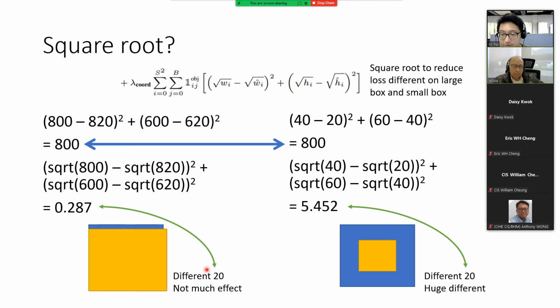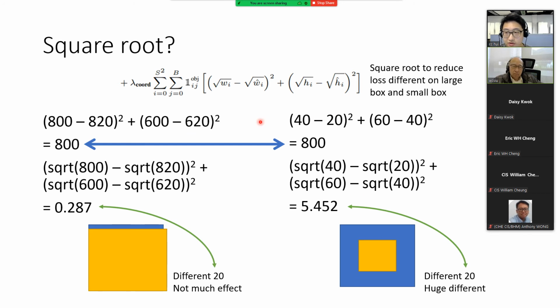Because it's only a 20 difference, and because it's so big, you cannot really tell there is a huge difference. However, if you look at this one, the difference is also 20, but this time the boxes are much smaller, so you can see that it's actually quite different.